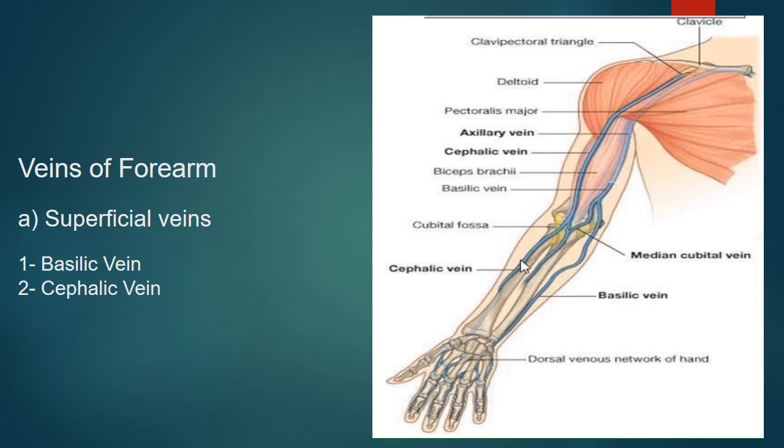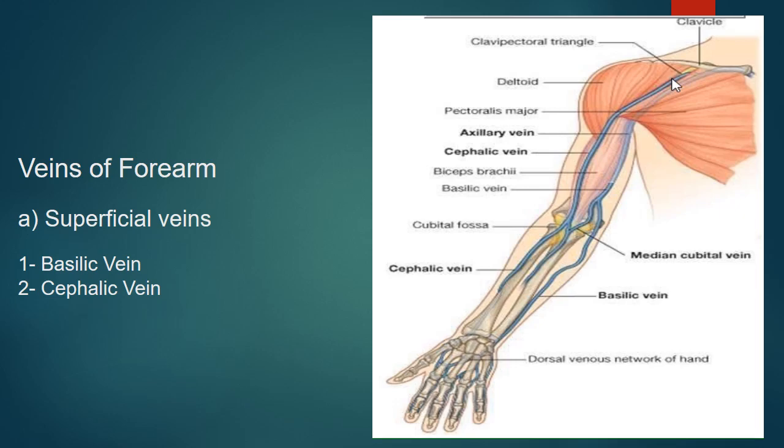The cephalic vein, which lies on the anterolateral aspect of the forearm, runs on the lateral side of the forearm and arm until it reaches the deltopectoral groove. This is the deltoid muscle, this is the pectoralis major muscle. The groove in between these two muscles is the deltopectoral groove, into which the cephalic vein ascends.